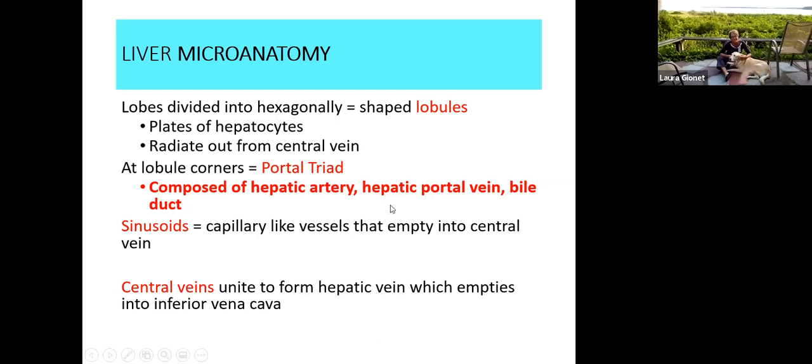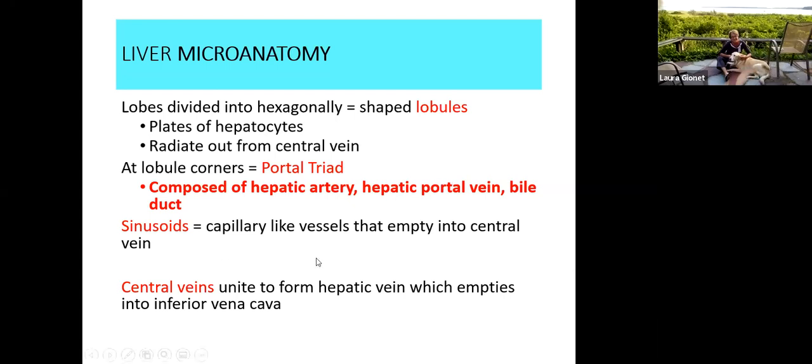Often you'll see erythrocytes there. The bile duct does not have a muscular wall, so it often collapses on itself. It's one single layer of simple cuboidal epithelial tissue, and the material in the lumen is bile. You don't normally have erythrocytes there, so that's another way to distinguish between the two.